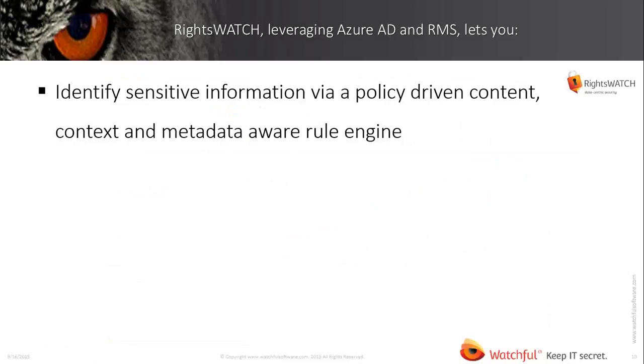So basically, instead of the user deciding on their own which files they should be protecting before sharing, RightsWatch will do it for them without asking them to make that decision.